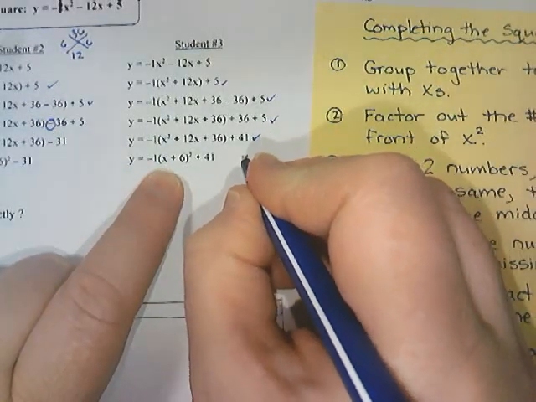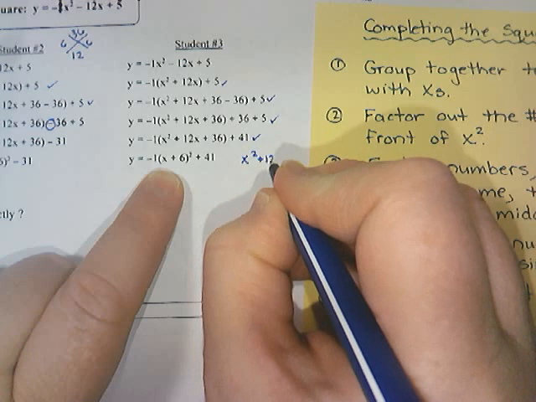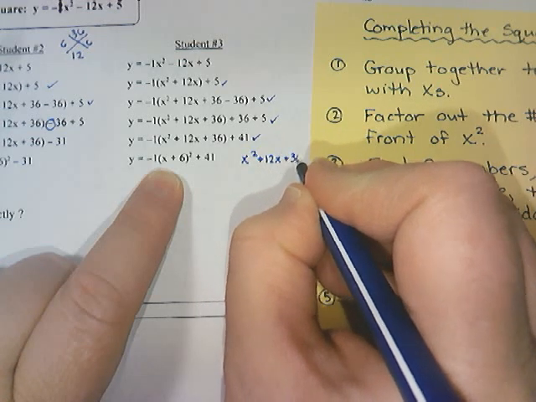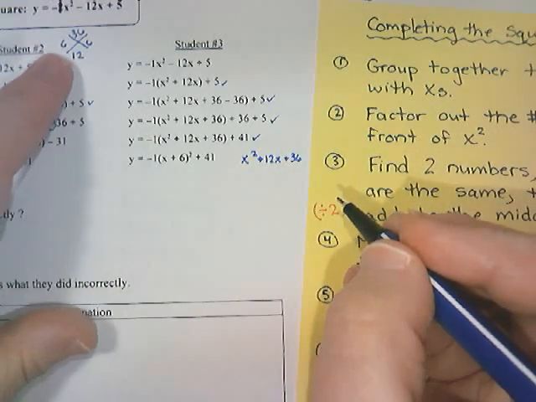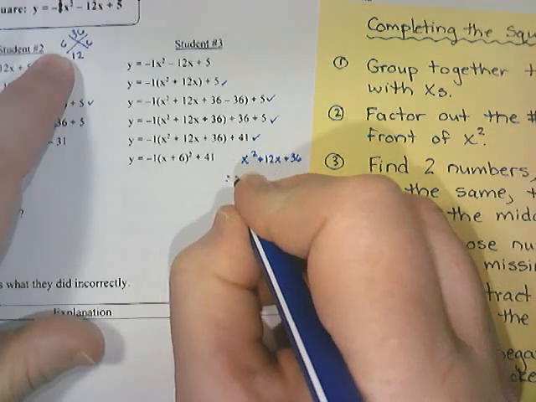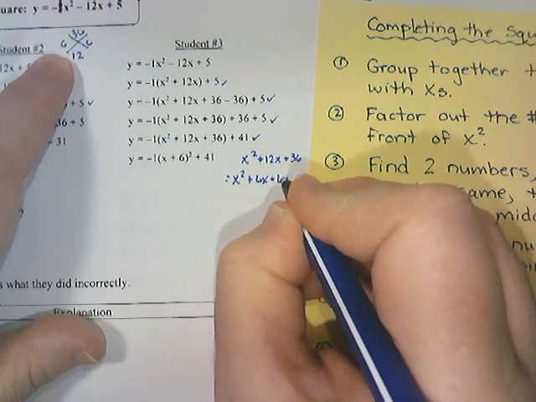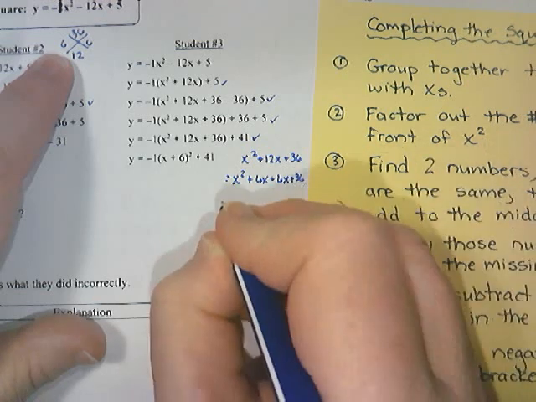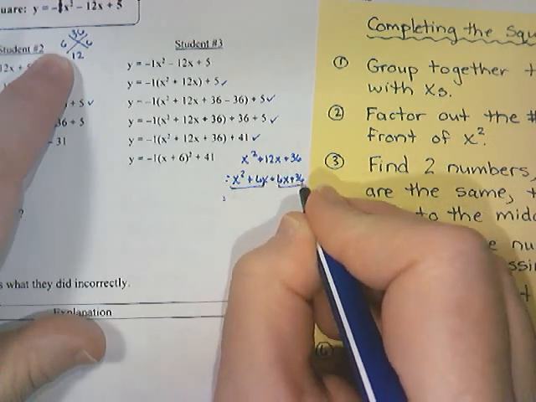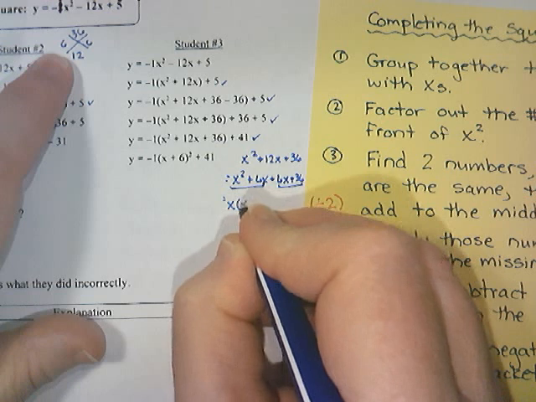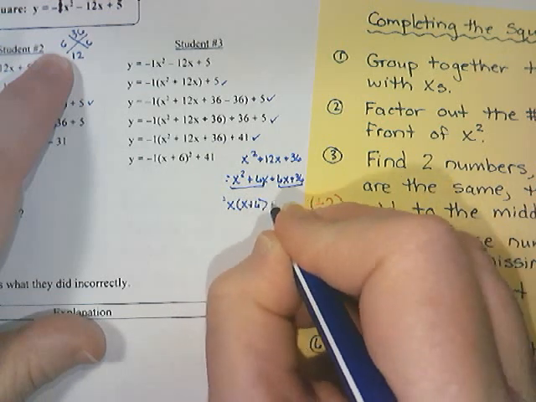Let's see. So x squared plus 12x plus 36. We said the 2 numbers were 6 and 6. So this would be x squared plus 6x plus 6x plus 36. And then if I group, I would take out an x. I would get x plus 6. I would take out a 6.